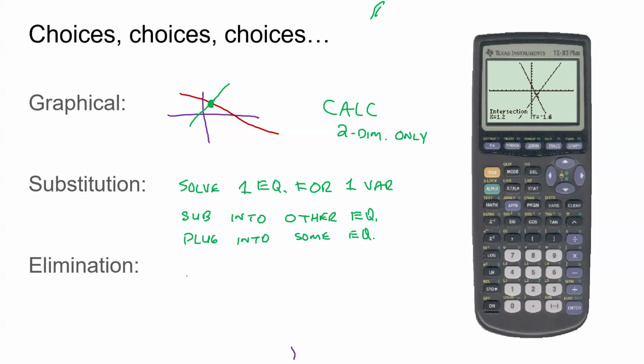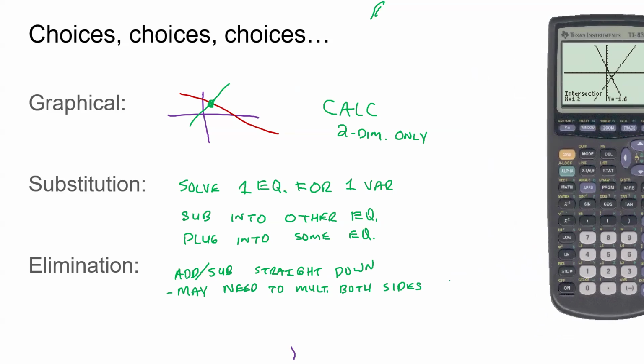The elimination method, we're adding or subtracting straight down. We may need to multiply both sides of one or the other of the equations by something to fix it, and we saw some of that.